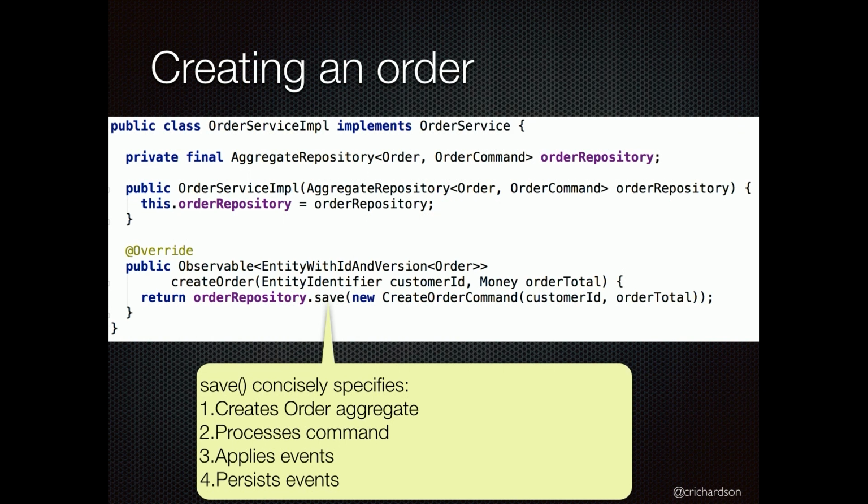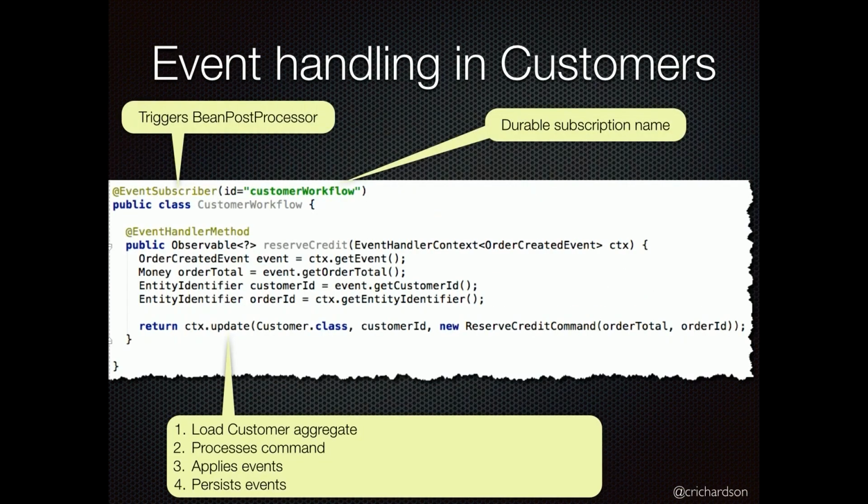So it's encapsulating the boilerplate logic of creating an aggregate. You could actually use the event store API directly, but you'd get pretty tired of writing the same code over and over again.